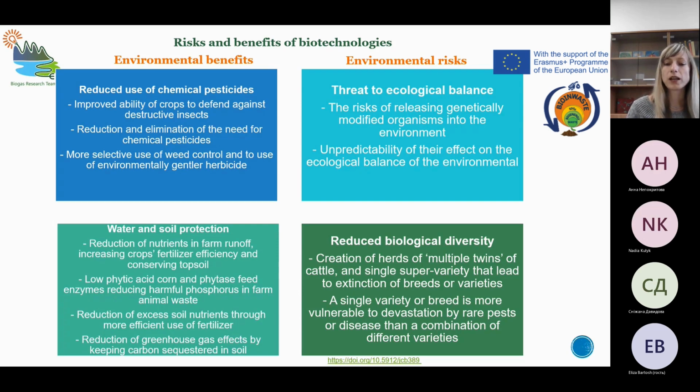And of course, if we have strongly modified biological agents introduced into the environment, it can impact the variability of the ecosystem. And most of all, of course, we need to understand all mechanisms of involving each biotechnological process.